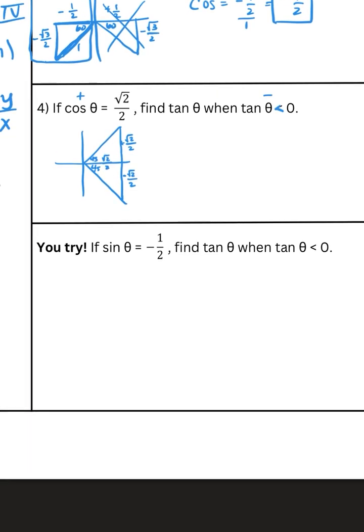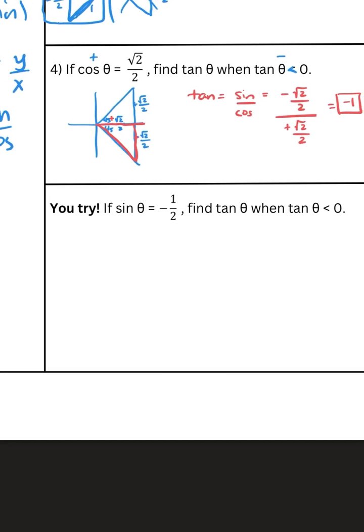So tangent is negative in this quadrant right here, because cosine is positive and sine is negative. So I'm going to find the tangent, which is sine over cosine, or y over x, which is negative square root of 2 over 2 divided by positive square root of 2 over 2, which is just going to give us negative 1. Okay? So you're looking to find where this condition happens.